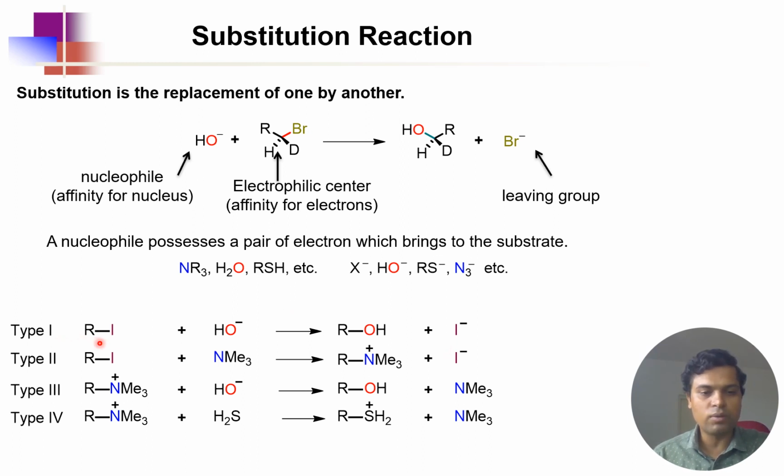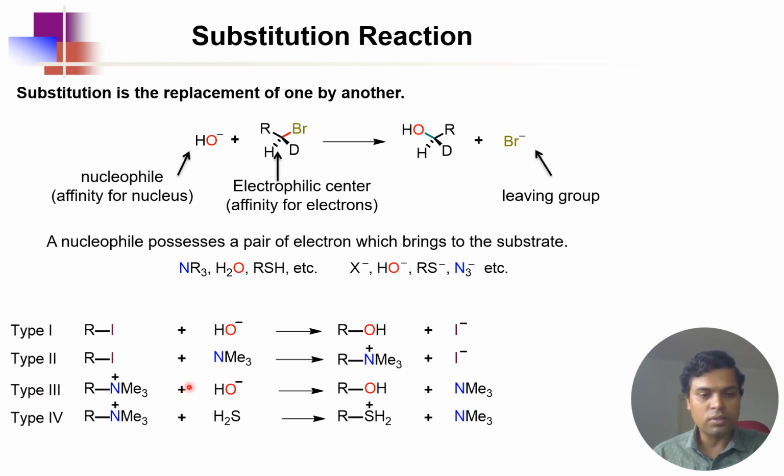In type 1, your substrate is neutral, but your nucleophile is an ionic species, and on the right side your product is neutral, but the leaving group is an anionic species. Similarly, in type 2, you start with a completely neutral substrate and nucleophile, but at the end you end up with a positively charged product as well as a negatively charged leaving group.